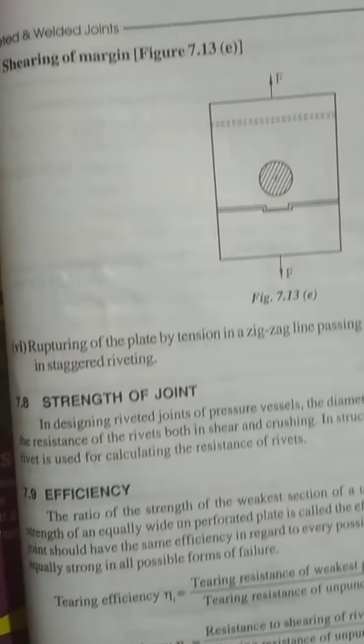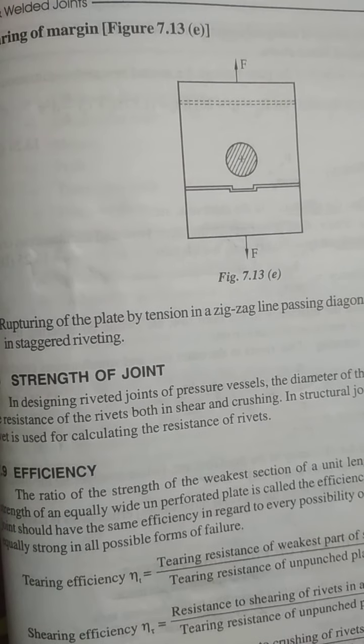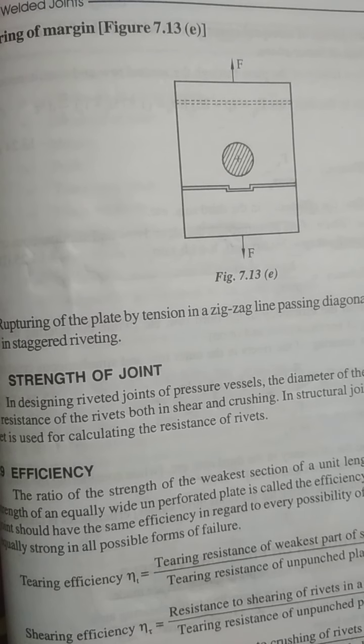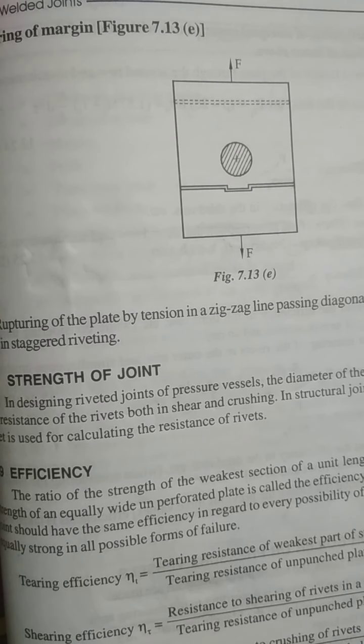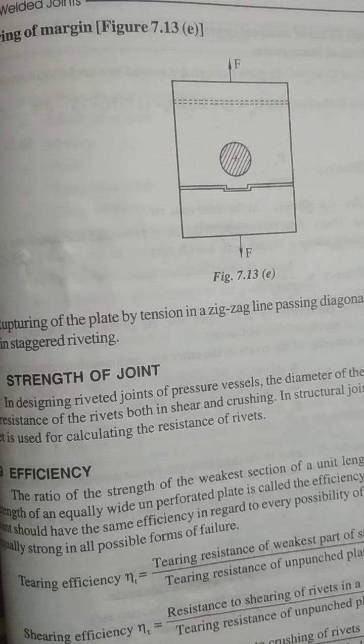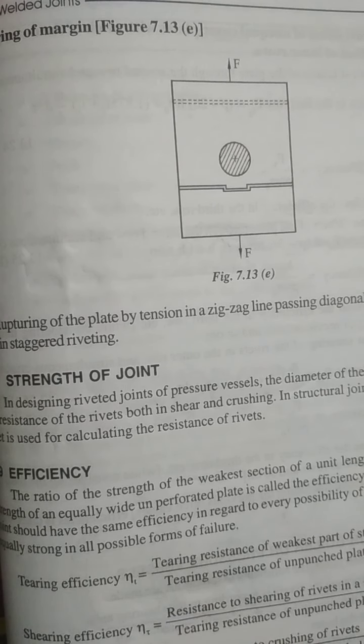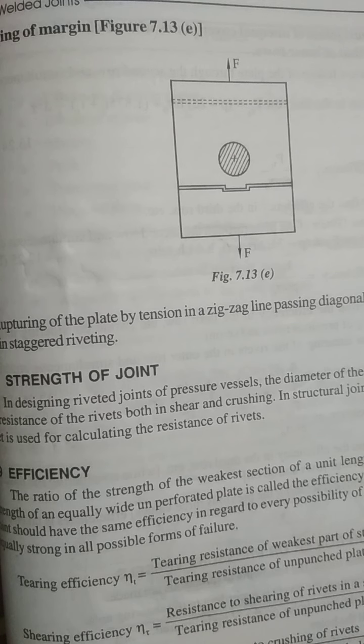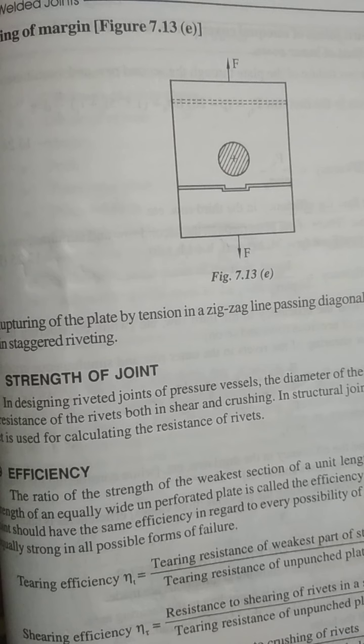We already discussed the strength of a joint. When you are talking about the strength of a joint, we discuss three types of strength: tensile strength or tearing strength, crushing strength, and shearing strength.